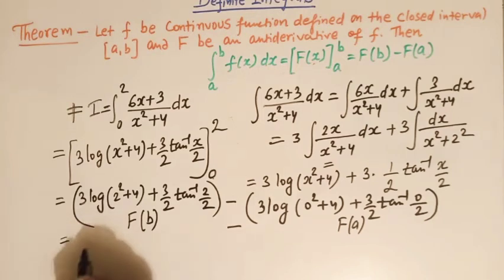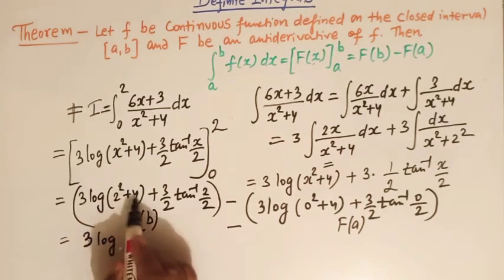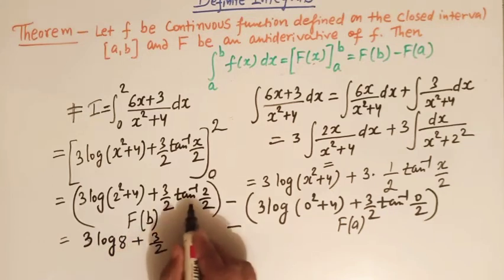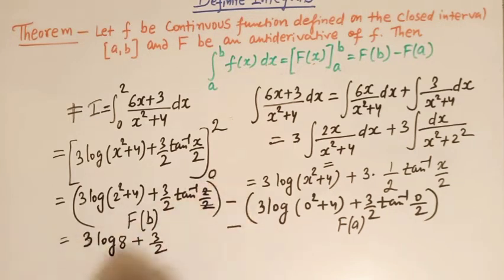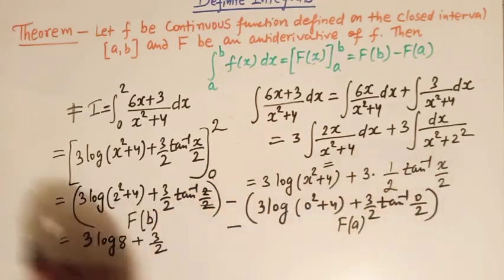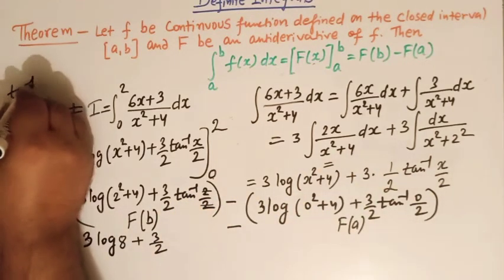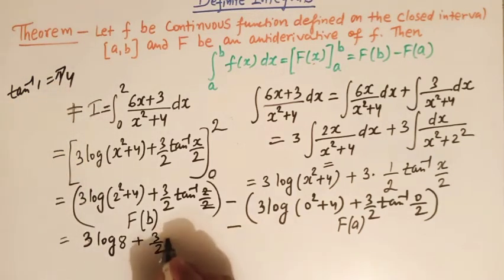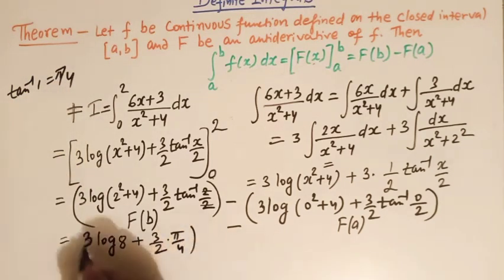So we have 3 log, this is 4 plus 4, 8, and this is 3 by 2, this is 2 and 2 get cancelled, so we have tan inverse of 1, and tan inverse of 1 is equal to pi by 4, right?